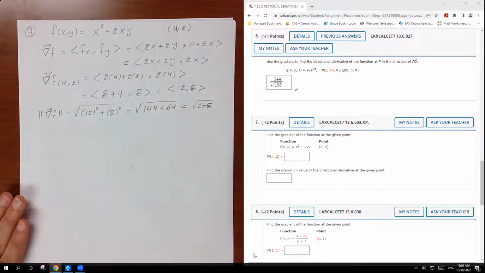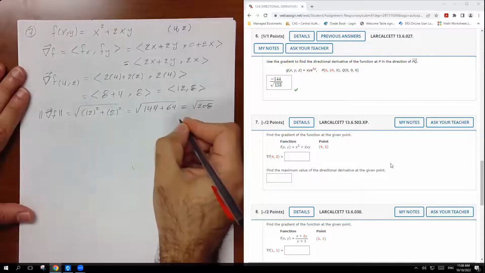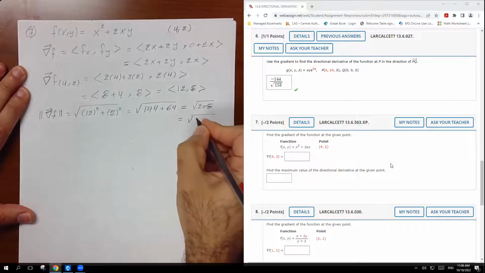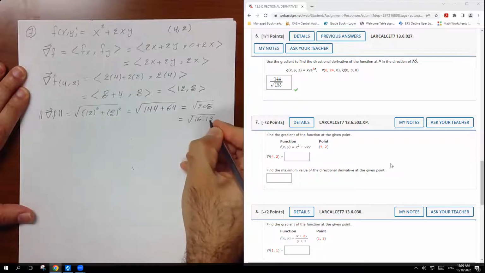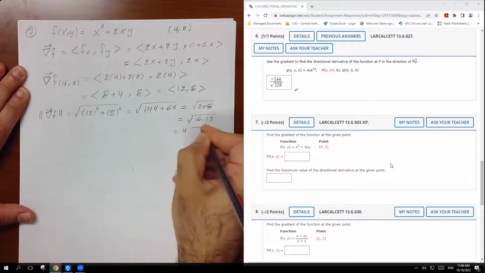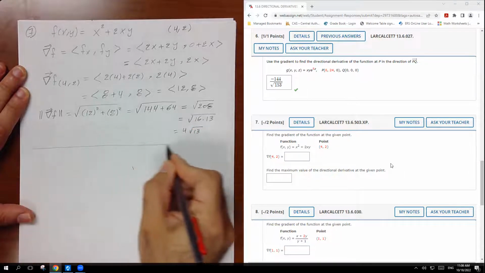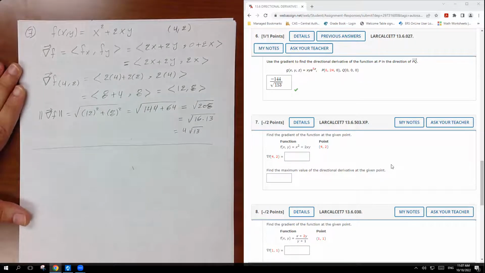Let's find the square root of 208, because that's going to be the square root of 16 times 13, and it's going to be 4 square root of 13. That's it for this example.